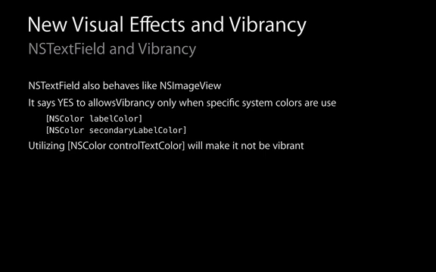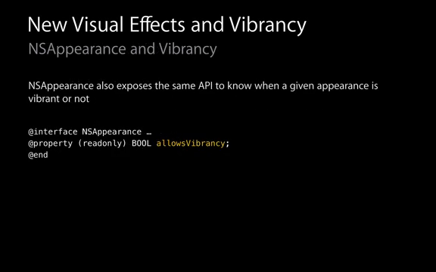If you don't want the text to appear vibrant, you need to explicitly opt out by setting the control text color or some other color that's not there. NSAppearance also has a method called allowsVibrancy on it. This is so that you and your API can know if a particular appearance needs vibrancy or not. I'm going to discuss more about this in detail later.